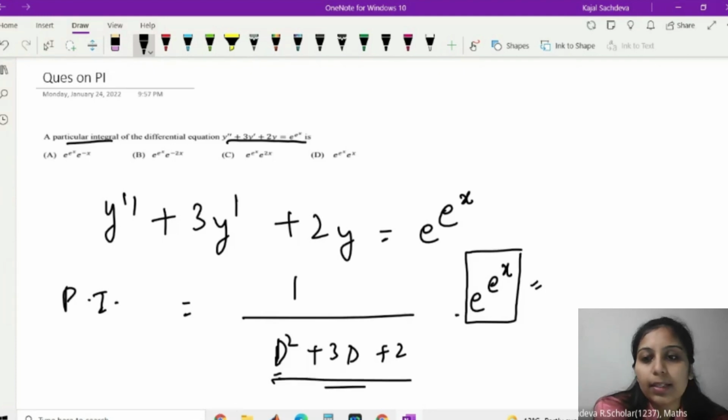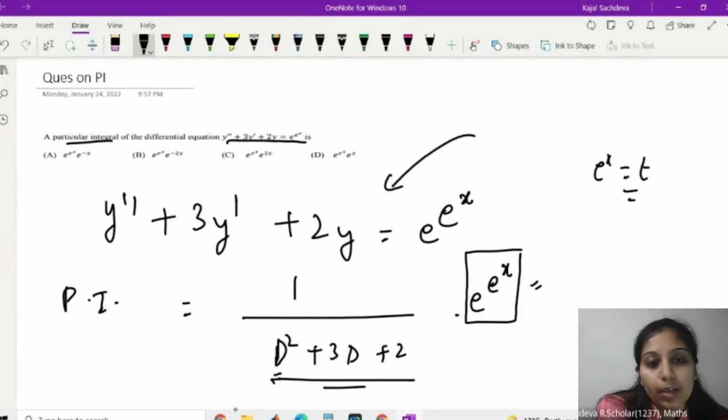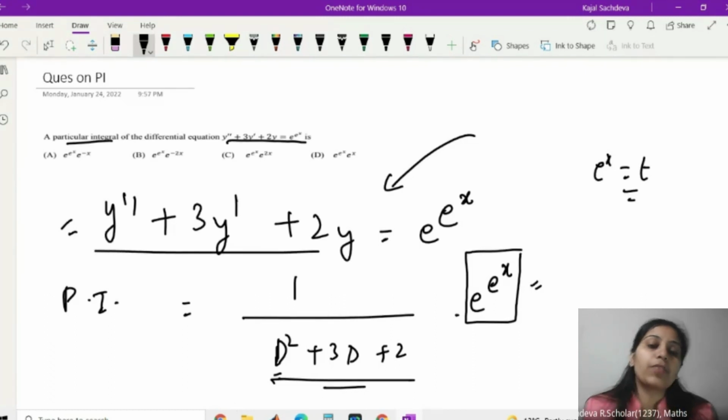D is written on behalf of d by dx, not d by dt. If you want to change e^x equal to t, then change here. But when we change here, this will not remain a constant coefficient equation. So this is a very different case.